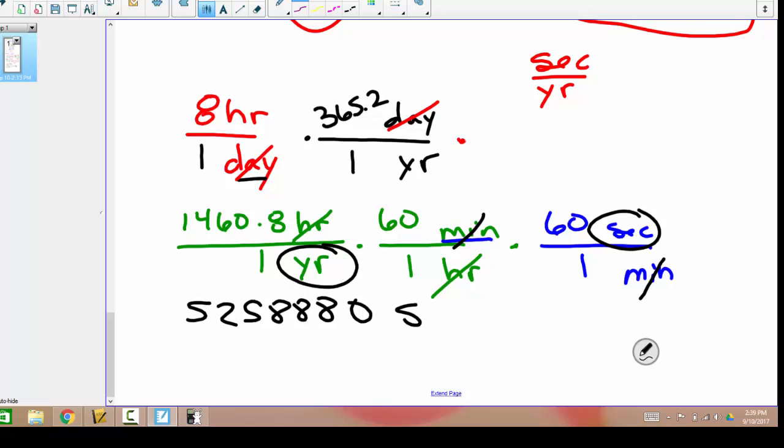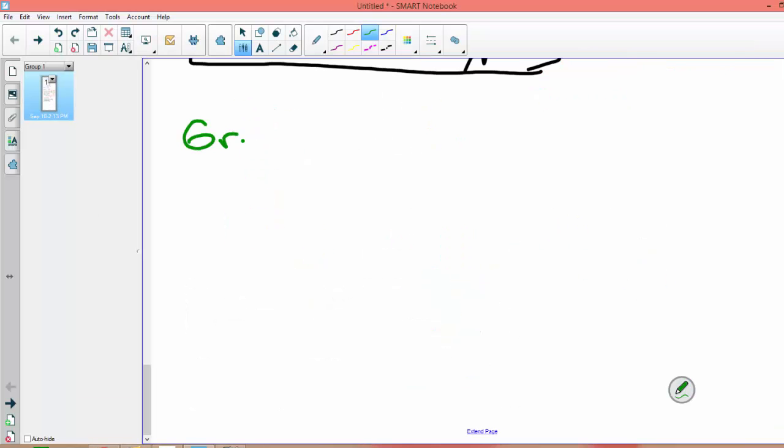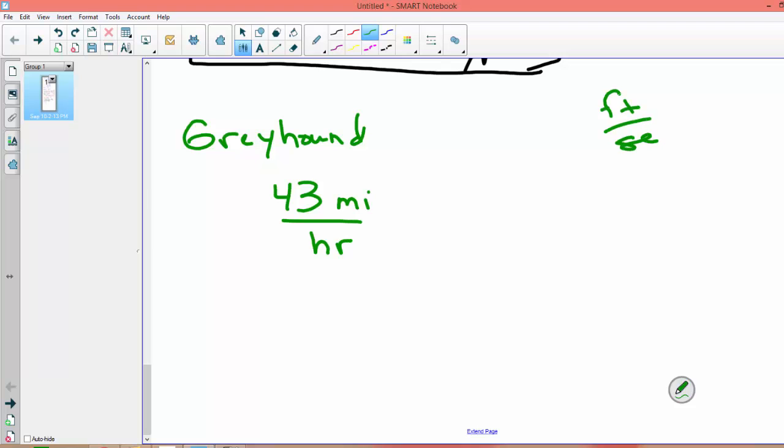See why every second is so precious? A greyhound can run 43 miles per hour, and I want to know how many feet per second that is.